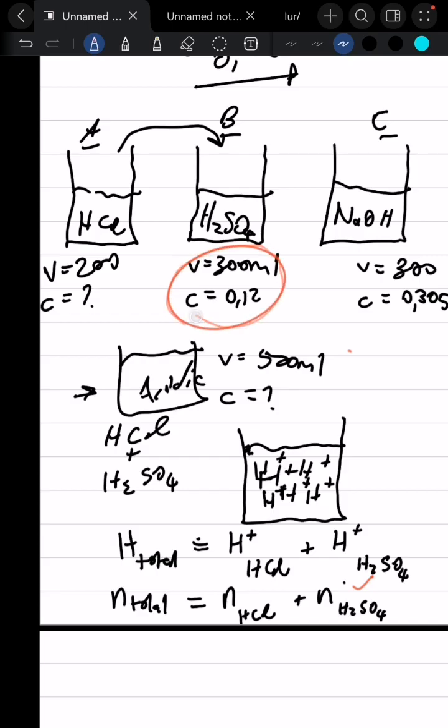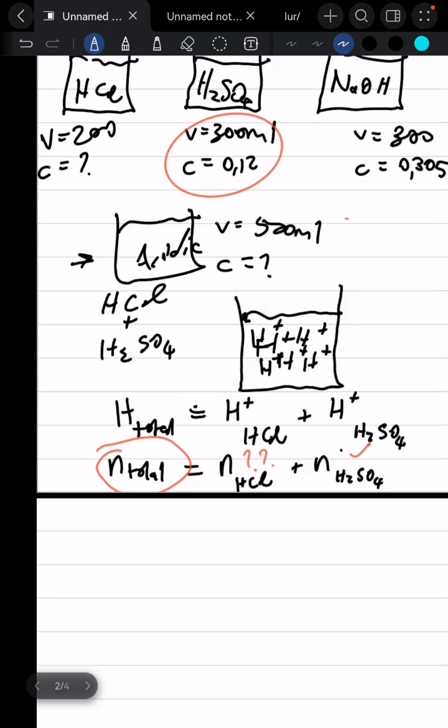In the exam, no matter how confused you are, just calculate your number of moles. So I can calculate those number of moles.